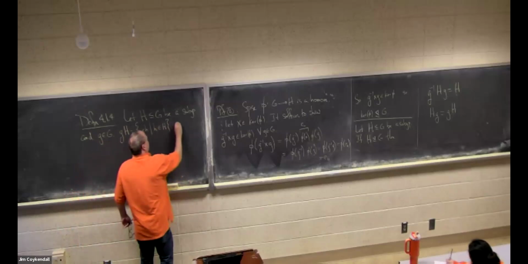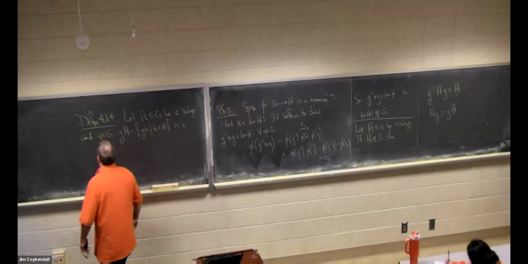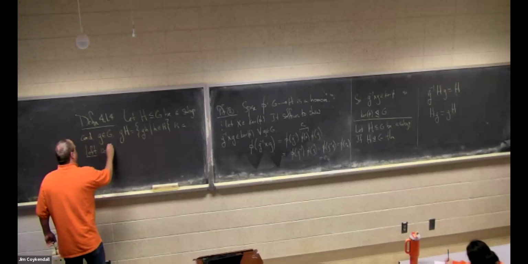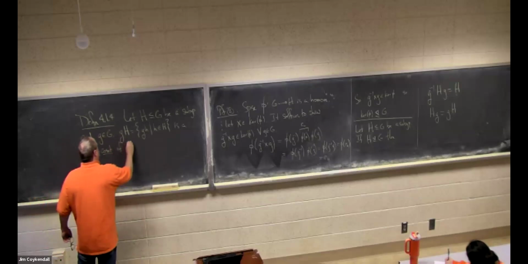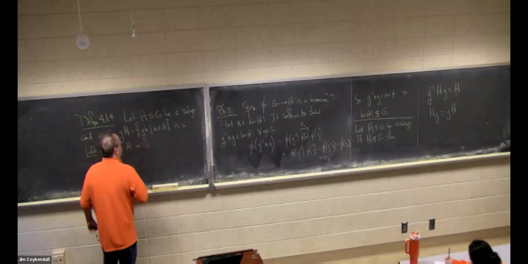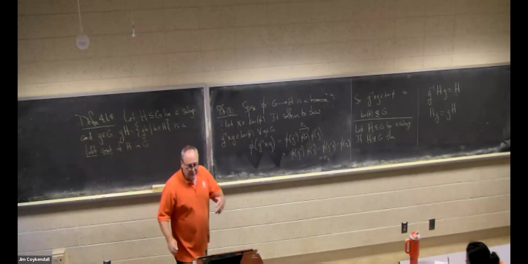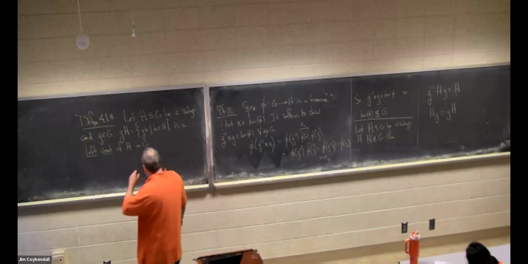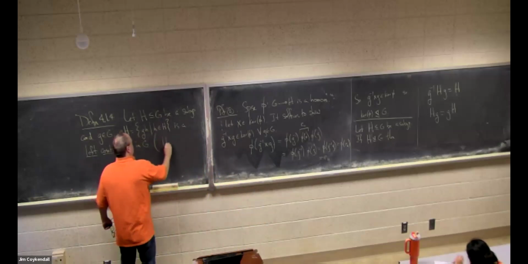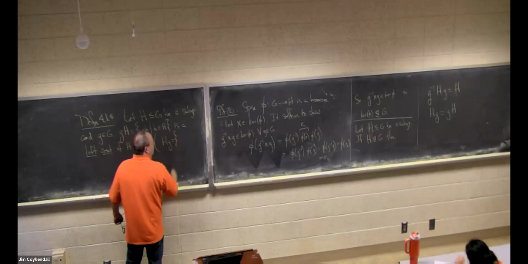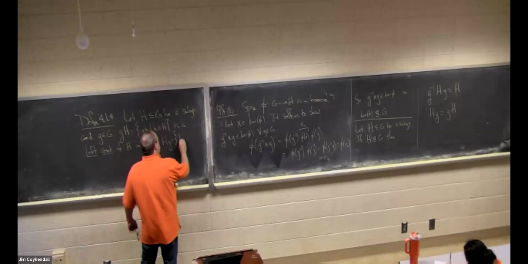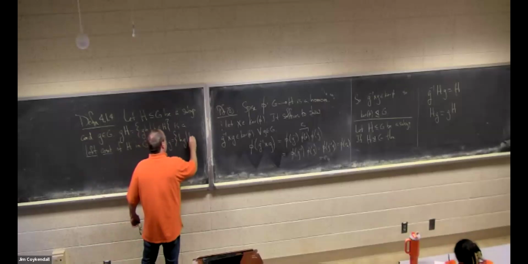This is called a left coset of H in G. As you might guess, you can define a right coset. This is also a set, but now you run through the elements of H and you put g on the right instead of the left.